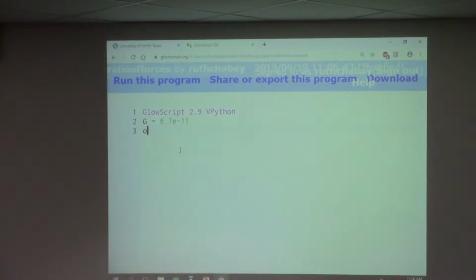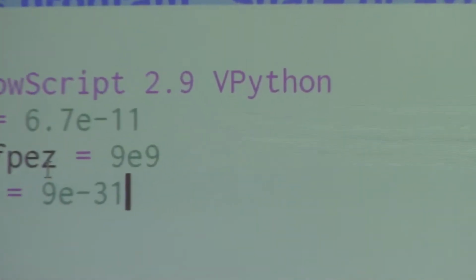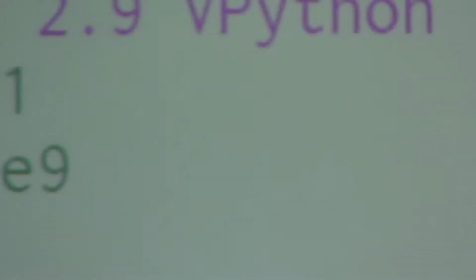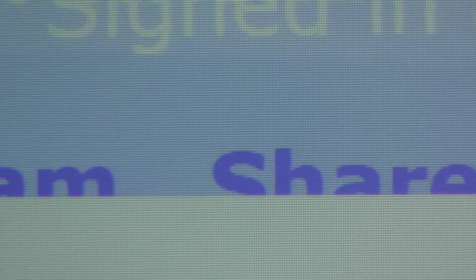We have 1 over 4 pi epsilon 0, otherwise known as oofpes, equals 9 times 10 to the 9th newton meter squared per coulomb squared. We have the mass of the electron is 9 times 10 to the minus 31 kilograms. We have the charge of the electron is equal to minus 1.6 times 10 to the minus 19 coulombs.